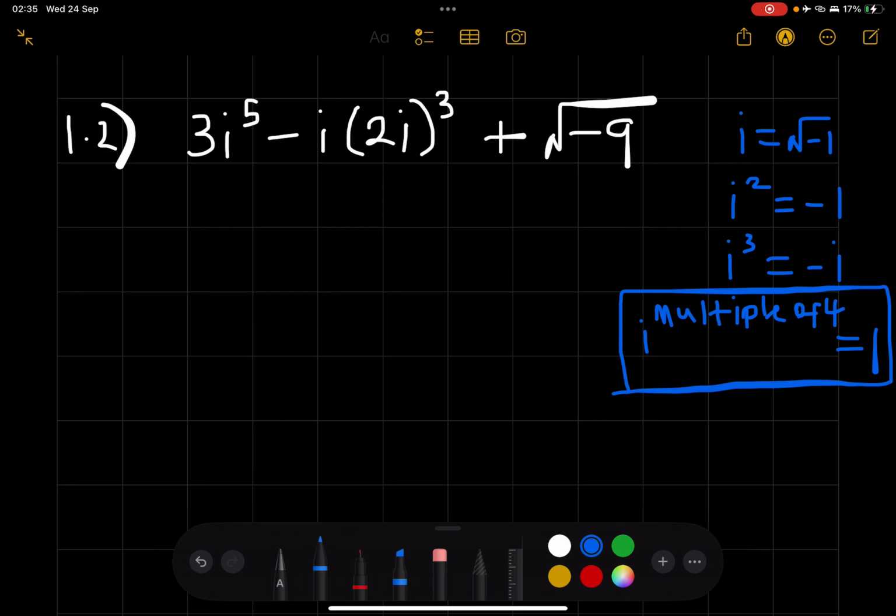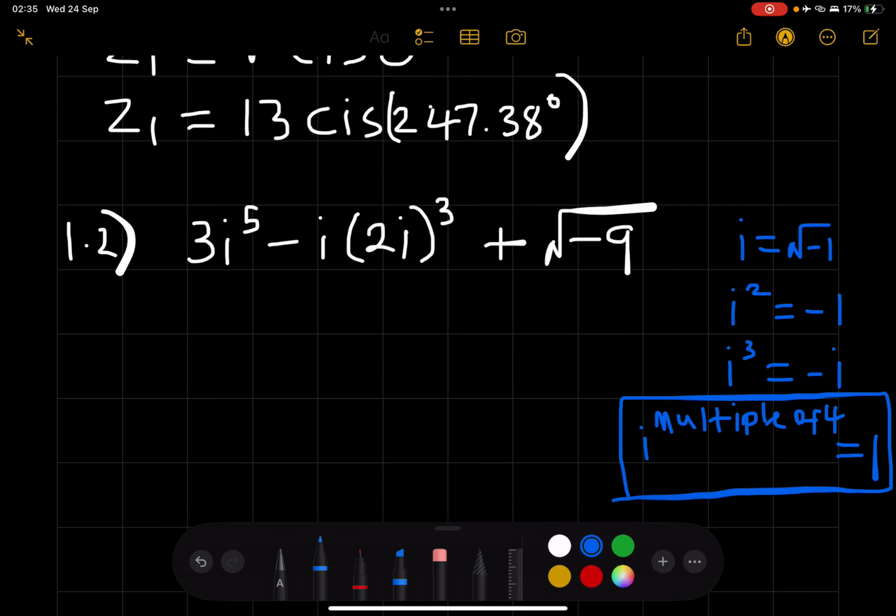All right, now let's come and simplify this. So if you see here, we're going to have equals 3 to the power of i to the power 3 times 5, 3 times i to the power of 5. Then here I have minus i outside. So guys, here the rule is this: the outside exponent will always multiply the inside exponent.